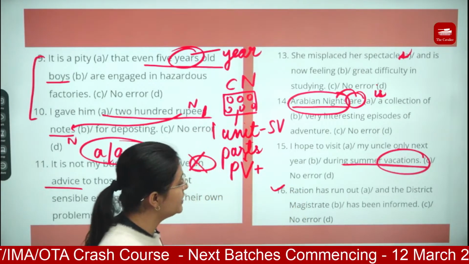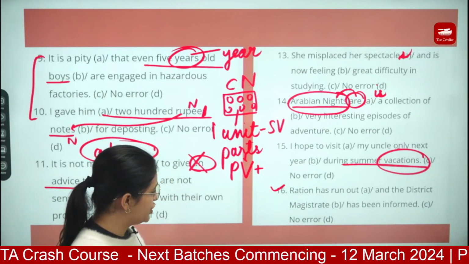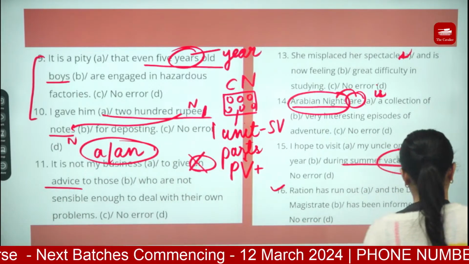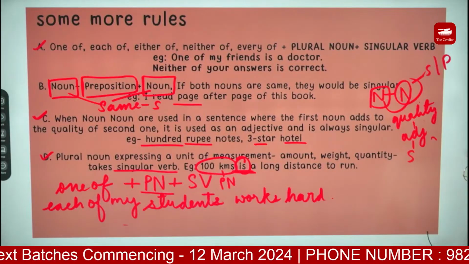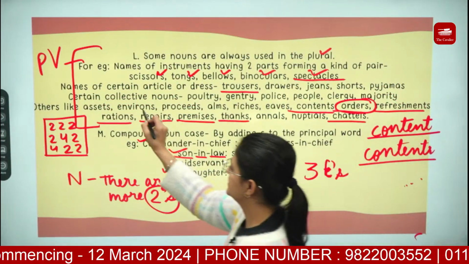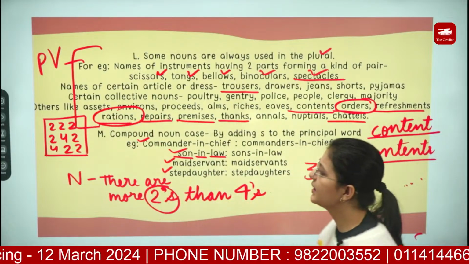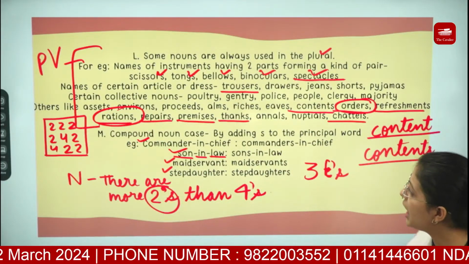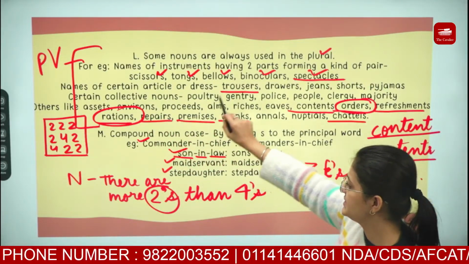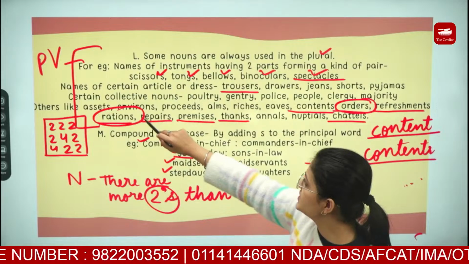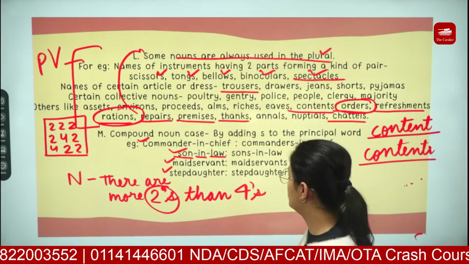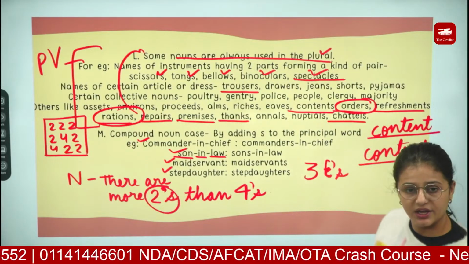Ration has run out. The district magistrate has been. Okay. Let's go back and look at our slides. Over here, you see a word, rations. Certain collective nouns, like assets, environment, ration, are always going to be plural, right?